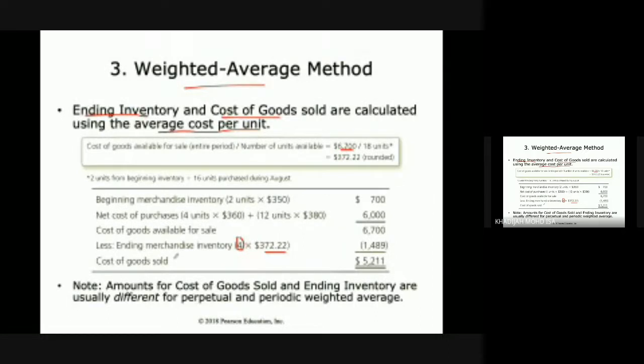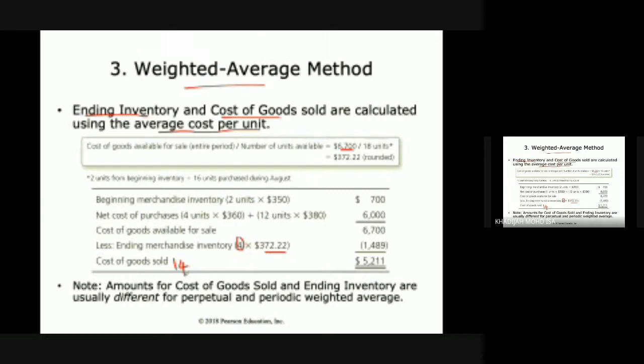The goods sold is 14 units, so 14 times 372.22, and you should get 4,211.08. The average method for periodic is the easiest because you only compute the cost per unit one time, and then use it for your closing inventory and also for your cost of goods sold.